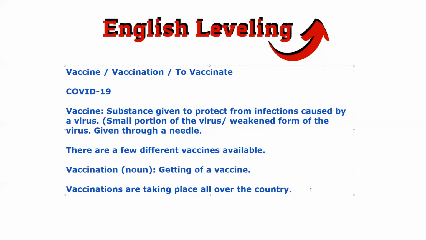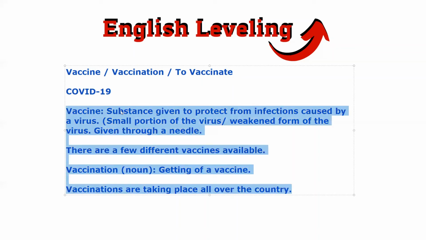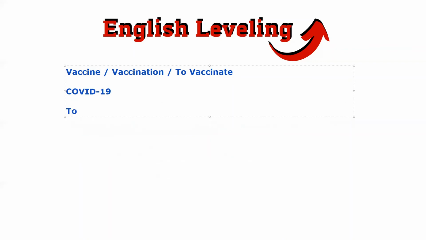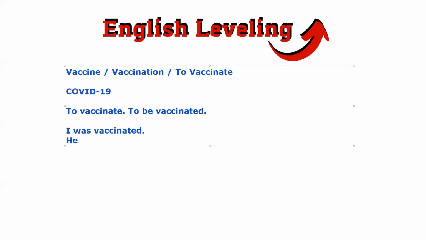So that leaves us with one more, right? We have the verb: to vaccinate, or to be vaccinated. You can make a simple sentence: I was vaccinated. He will get vaccinated next week, something like that.